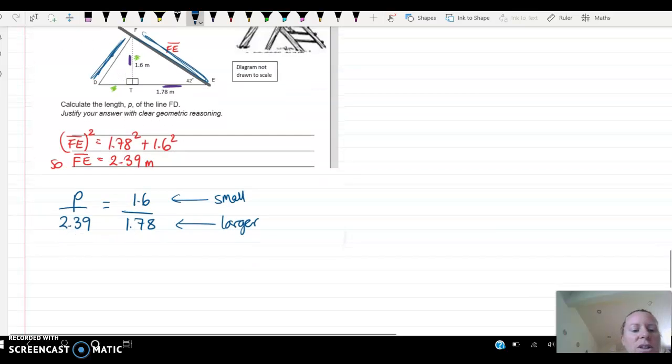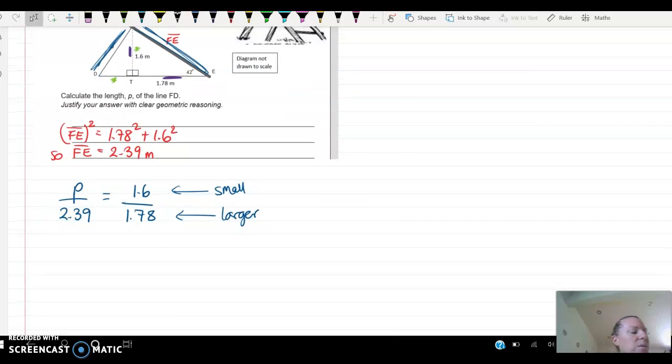So now in your calculator, if you do 1.6 divided by 1.78 and then times that by 2.39, equals 2.148, and we're finding a distance, so that's meters.